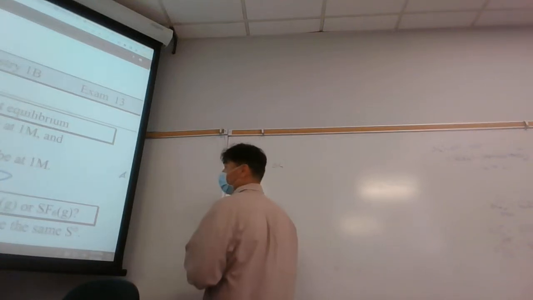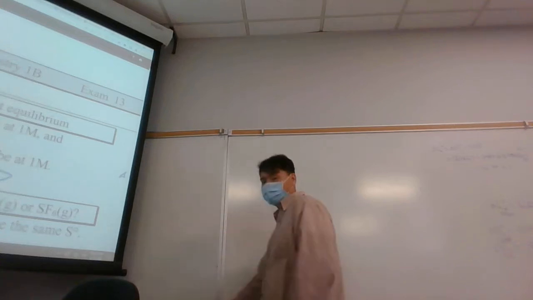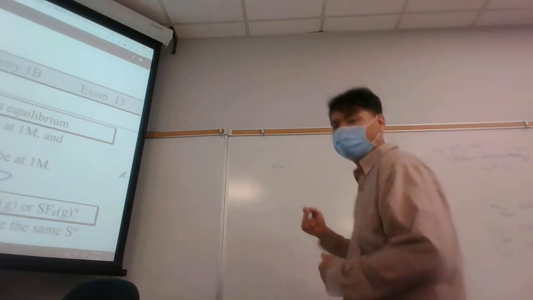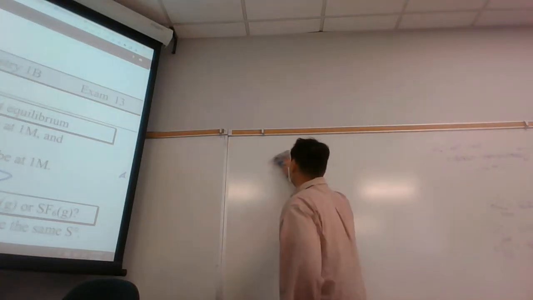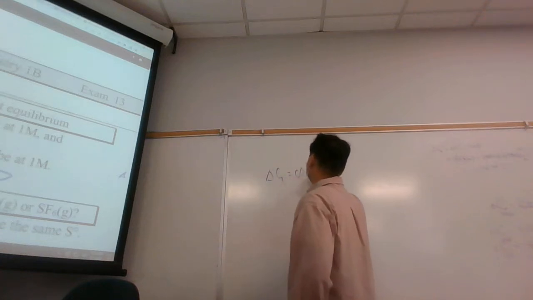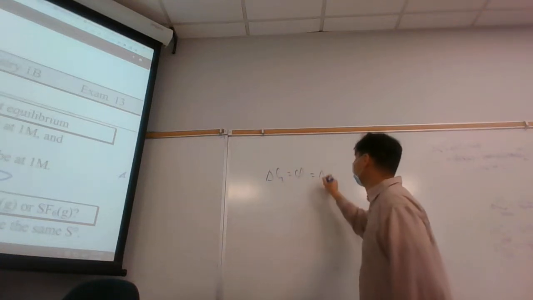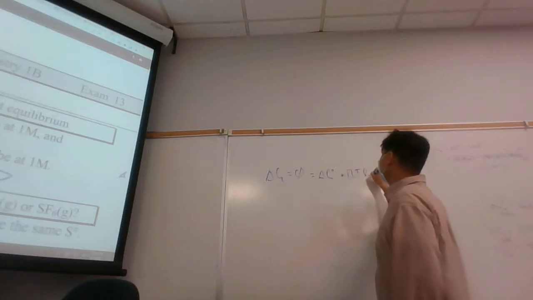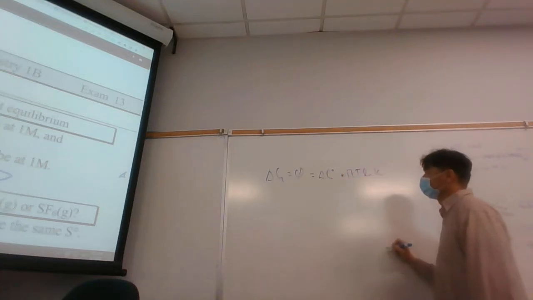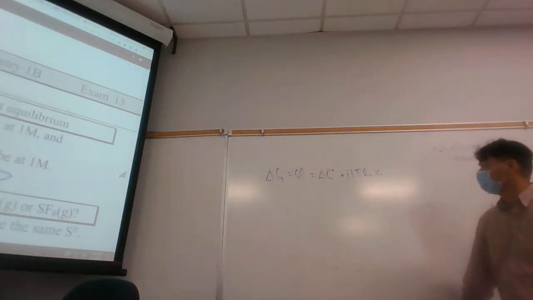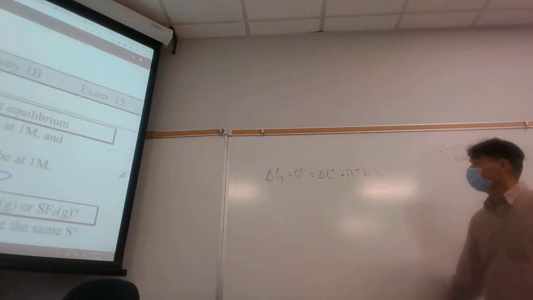If we have delta G value equal to 0, this is equal to delta G under standard conditions plus RT ln of K. And we don't know what we are.